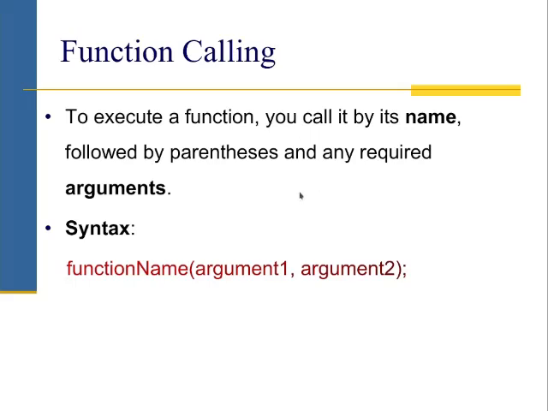So function calling: to execute a function, you call it by its name followed by parentheses and any required arguments. So the syntax is the function name, your first argument and your second argument, so far as you use two parameters.